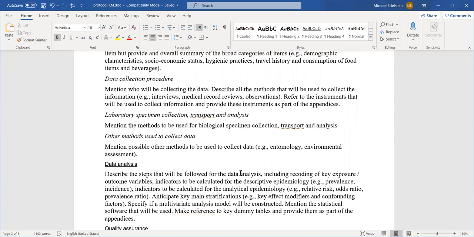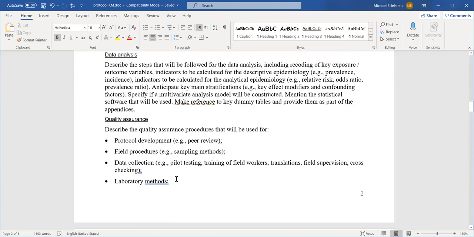But often it's not perfect because people don't listen to instructions, and then you will have to clean variables. You might also merge variables, for example, and if you're going to do that, you need to explain it. Especially if you don't have enough patients, for example, if your outcome is heart failure severity, in the classic New York Heart Association there are 4 categories, NYHA 1 to 4.